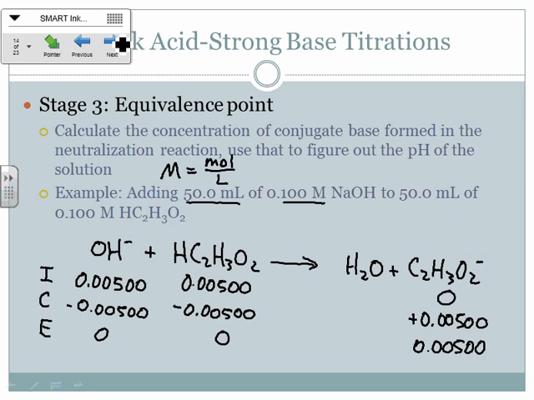All right, now what we have to realize is you have to think about this happening in two steps. Now, it's going to be a little more simultaneous than this in the actual solution, but it's helpful if you break this up into a couple of steps. So step one, the OH minus reacts with the acetic acid to make the acetate. What happens then?